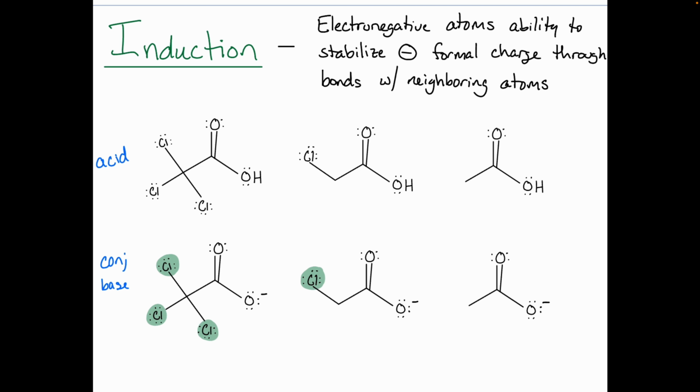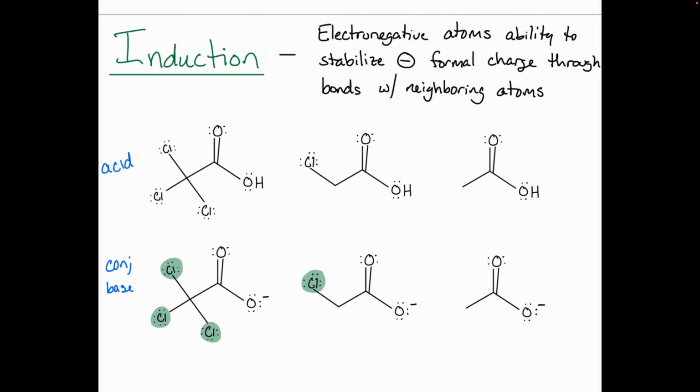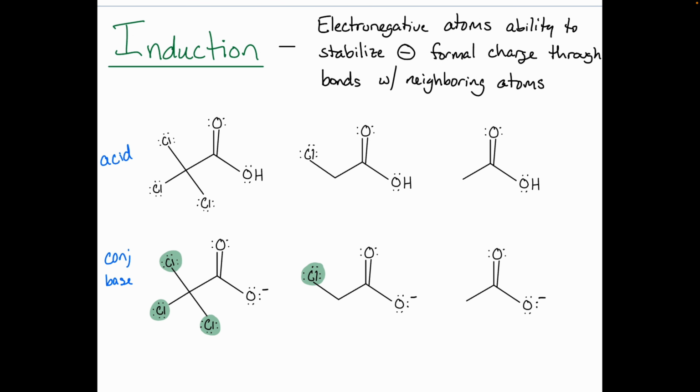So in this case here, the one with the most halogens has the most inductive stabilization. So this trichloroacetic acid is the strongest. And regular acetic acid without any sort of stabilization through induction is the weakest.